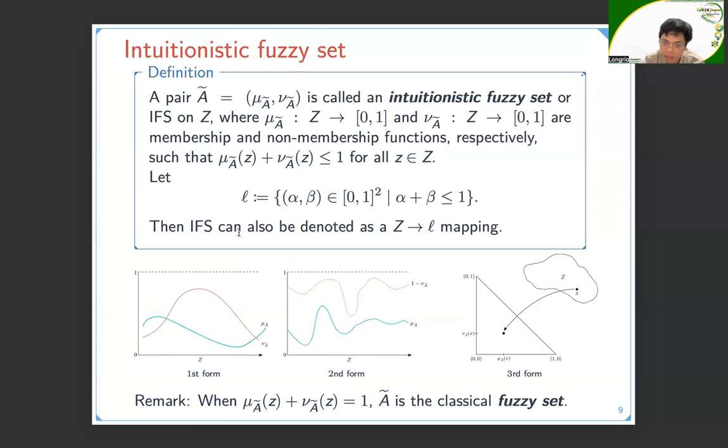Then we can denote IFS as a Z to L mapping. If the equality is strict, or the less than is removed, our relation is reduced to a classical fuzzy set when this is satisfied.